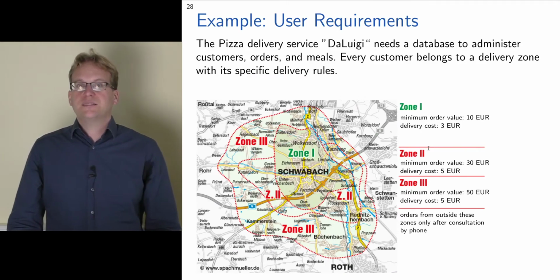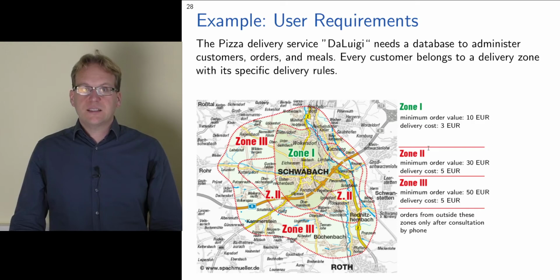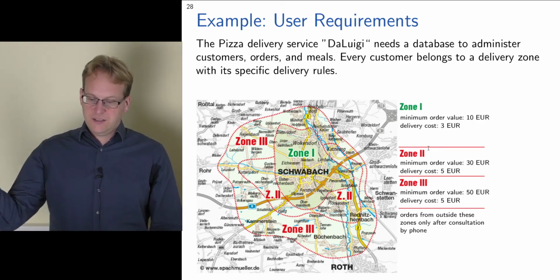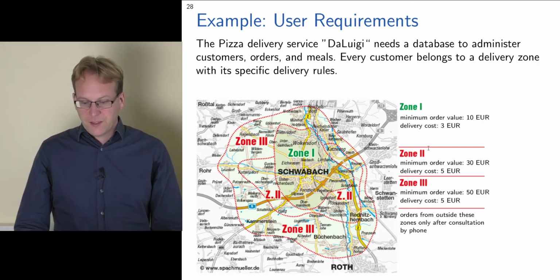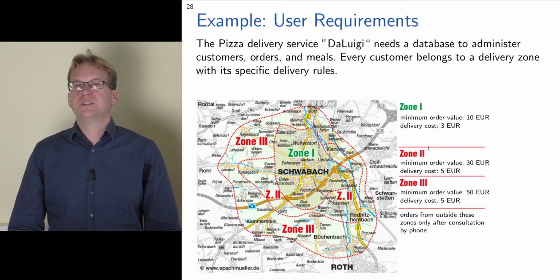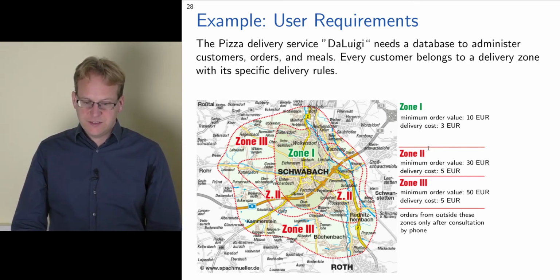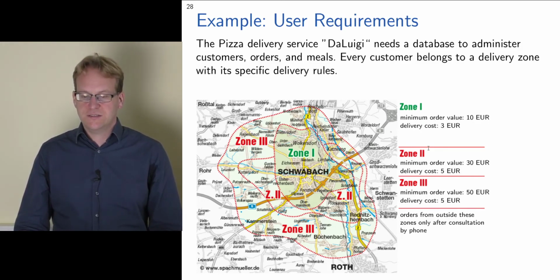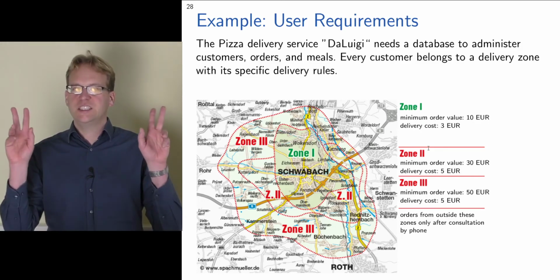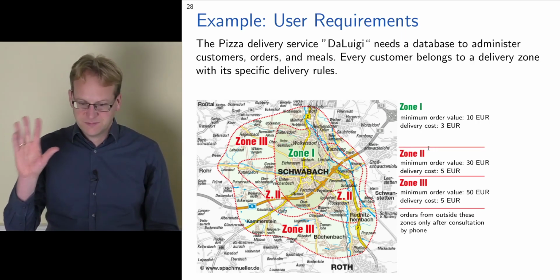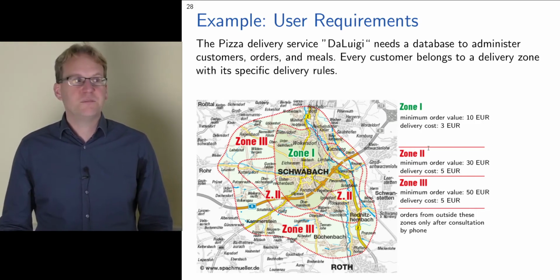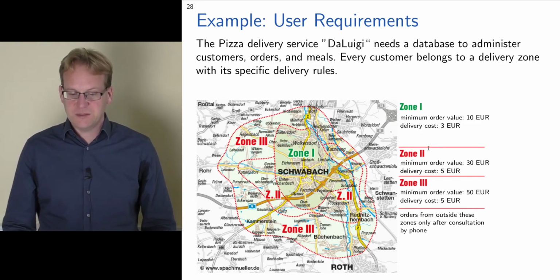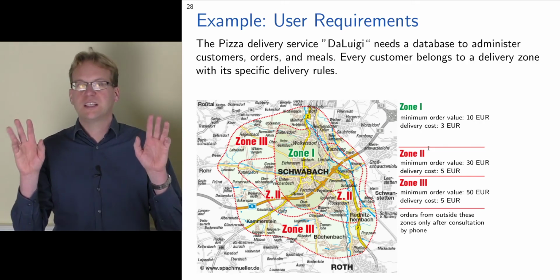So I have one example here, a running example, I should say, which I will show in the following in quite a lot of detail. This is an application which I found online. There is this pizza delivery service, Da Luigi. My Italian is not really good, so please forgive my pronunciation.